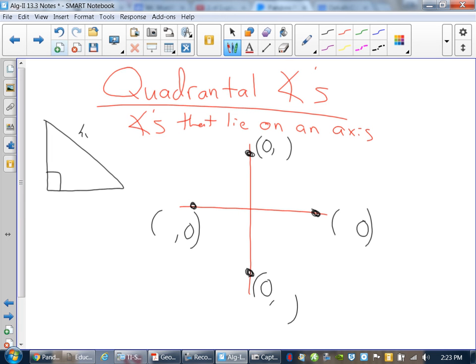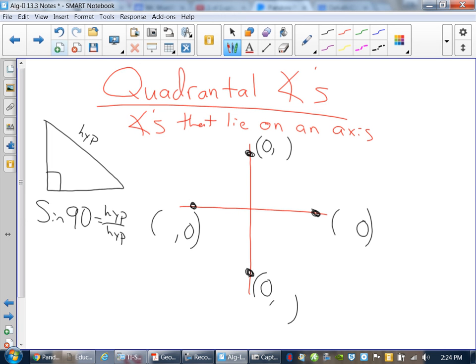My opposite is the hypotenuse. And what's my hypotenuse? My hypotenuse. So the sine of 90 degrees would be hypotenuse over hypotenuse. It's always going to equal 1.